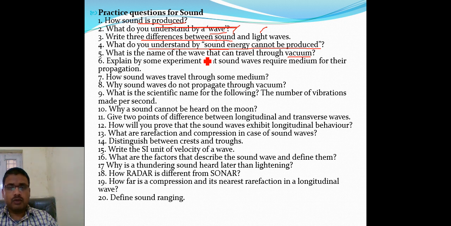Explain that sound waves require a medium for their propagation. You can show the example of sonar here, in which mediums are required.